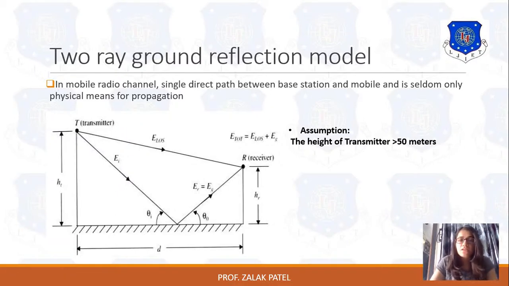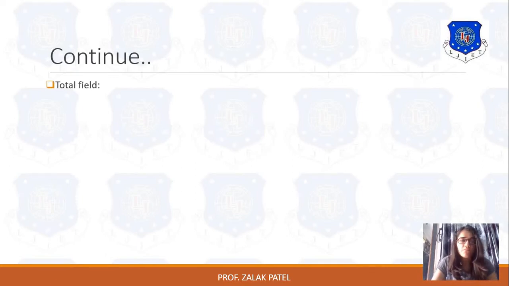Now we calculate the total field for this model. Total field denoted by E total is equal to E LOS plus E G. E LOS means the field strength for the line of sight, meaning the clear transmitter to receiver path, and E G means the multipath field strength when the wave travels through the obstruction.